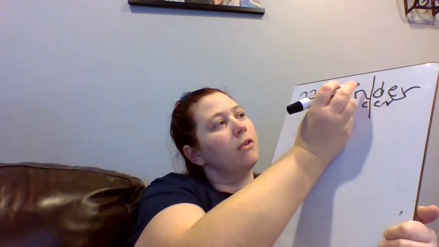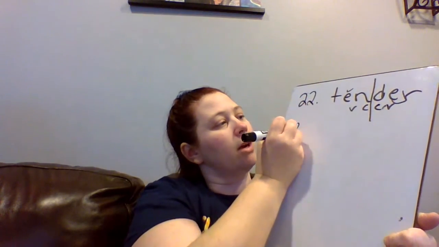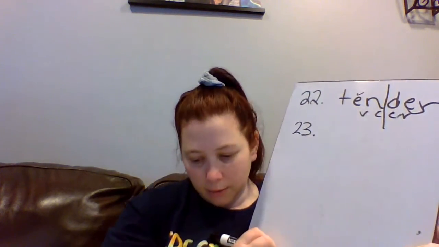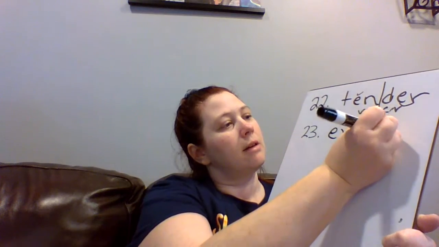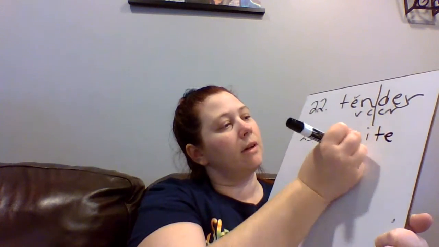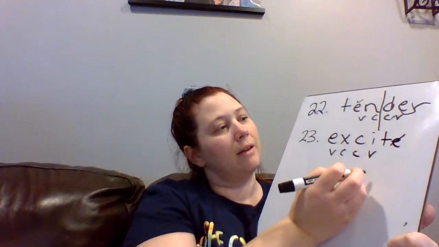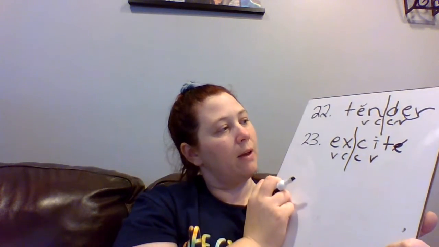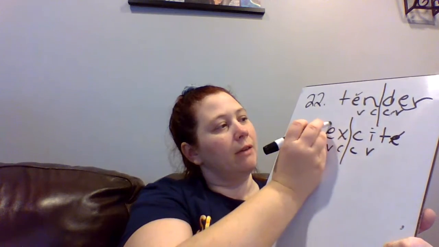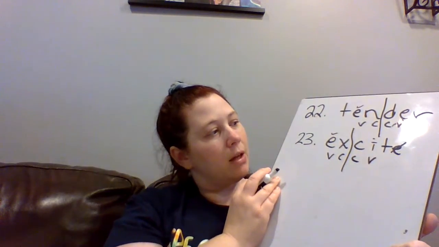And then we just have vowel, consonant, so our E gets a breve. 23, excite. Again, we have vowel, consonant, consonant, vowel. We also have that silent E that's going to make the I get a macron. And then here we have vowel, consonant, and it gets the breve.